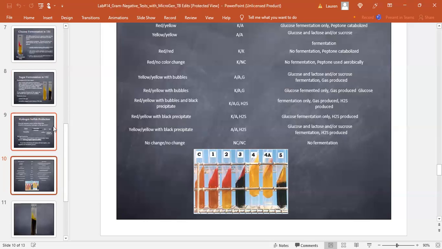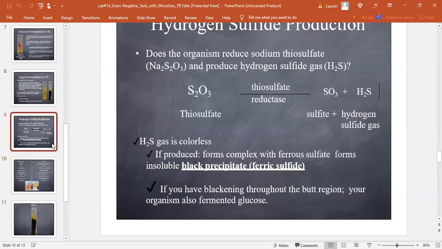So yeah, I know it's a lot of information: not only do you have to be able to look at this, interpret it, and write it out, but it's also important to understand this side of it as well, because this is what is happening at the molecular level with the black precipitate. I keep on saying that.